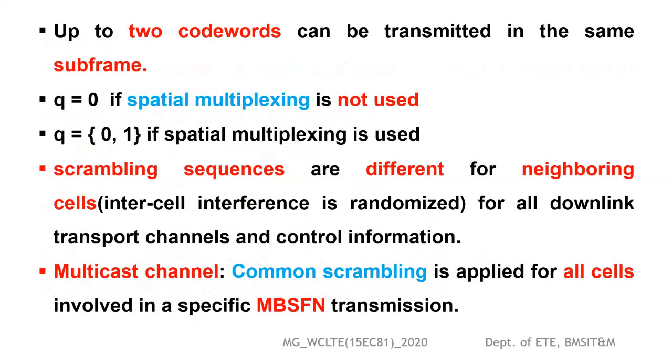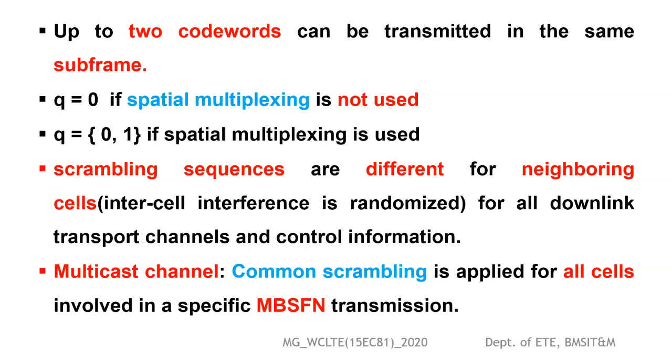I said Q is the code word. So it will be 0 if spatial multiplexing is not used, and if I use spatial multiplexing, there will be two code words. Scrambling sequences are different for neighboring cells.